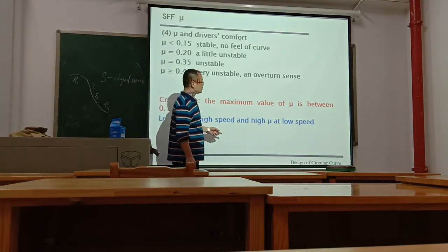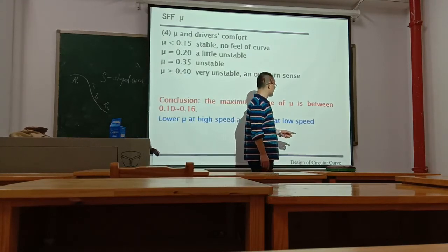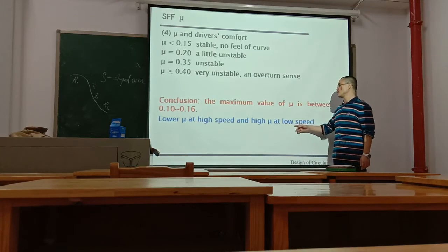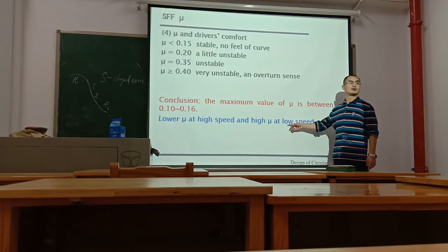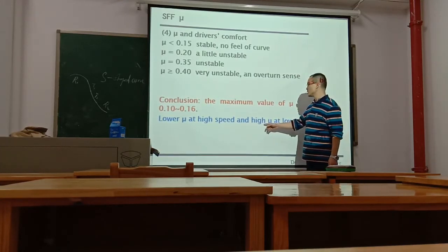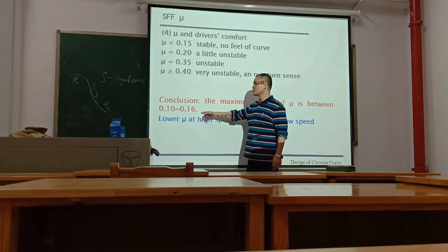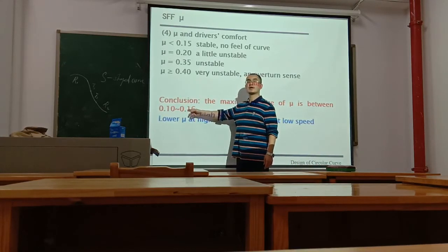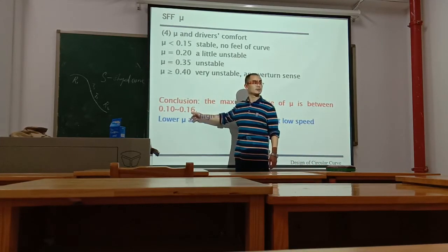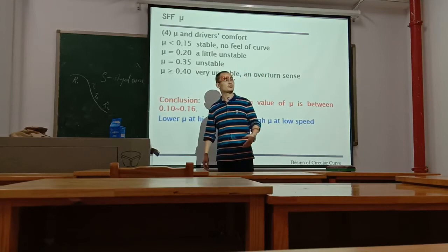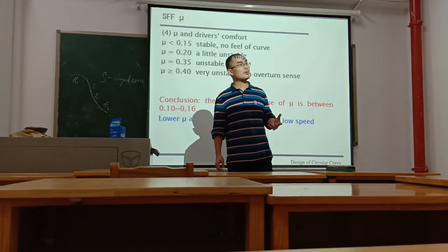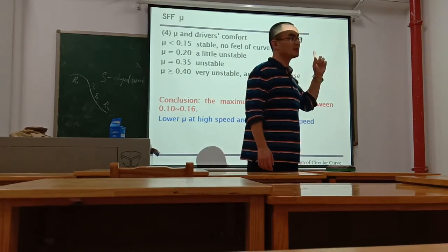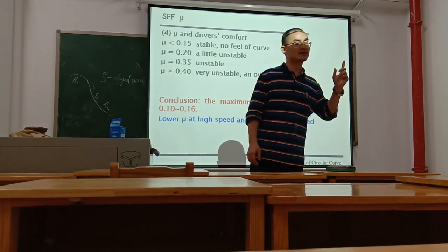If the design speed is low, we use a high mu, a value near 0.60. This is the principle to determine mu according to the design speed.